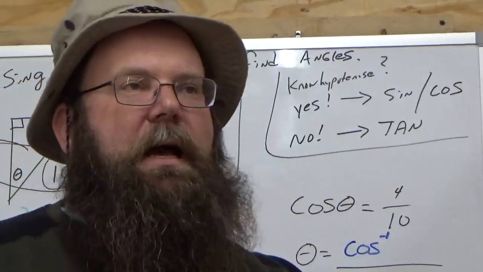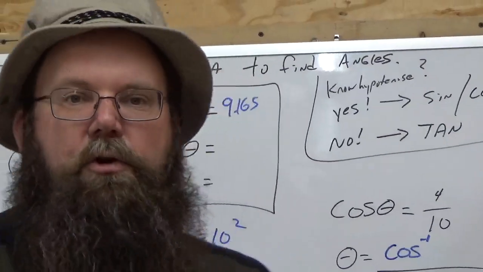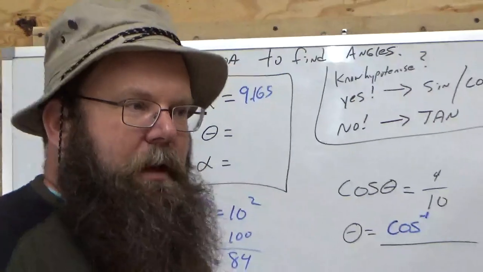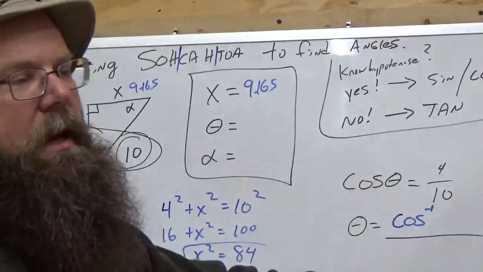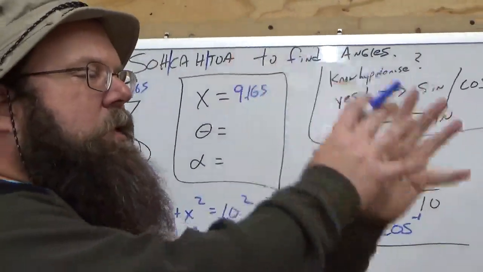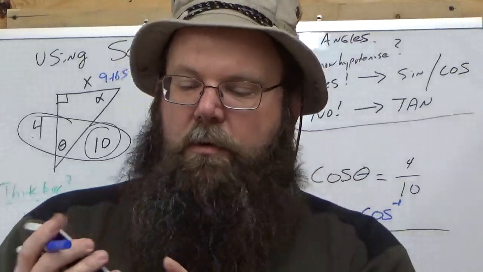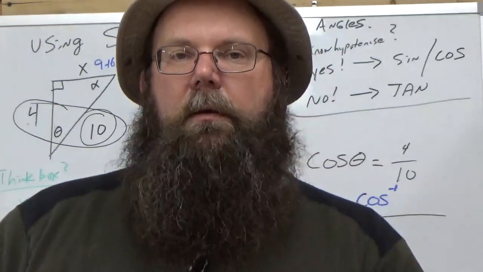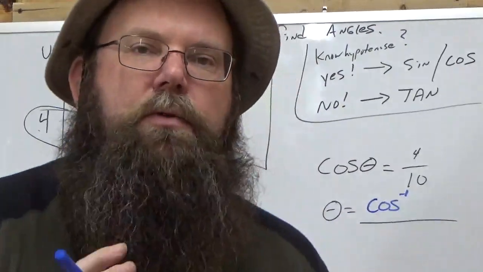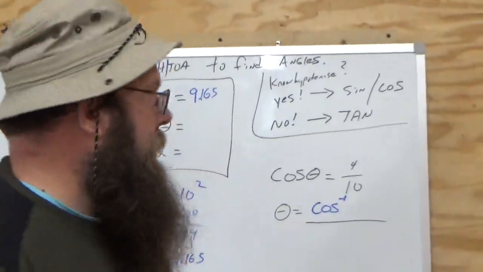Don't hit cosine and then find the -1 key. It's not going to work. You should have a button on your calculator. Shift cosine, control cosine, something. Maybe it's its own button. If you have an Inspire, it's on the drop-down trig menu that's right next to the number 7. Again, if you don't know, reach out to me and I will help you with your calculator.